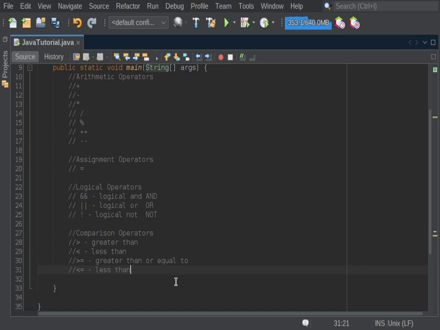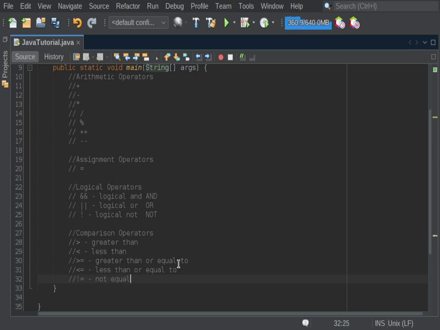So these are the comparison operators. And we also have another one, the not equal to. How do you represent the not equal to? The not equal to is represented using the logical not, the exclamation mark, and an equal sign. So this is not equal to.